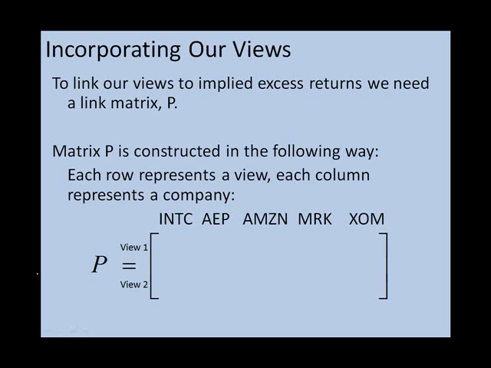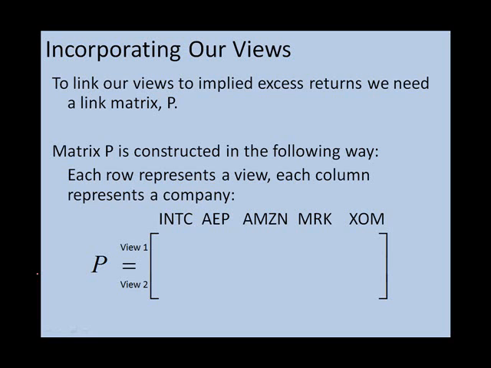Positive components in the view matrix for a particular view must add up to 1, while the negative components must add up to -1. That ensures that when we calculate the sum across all the stocks, it's equal to 0. Positive numbers in the view matrix show that we're positive about the company, while negative numbers show that we're negative about the company.